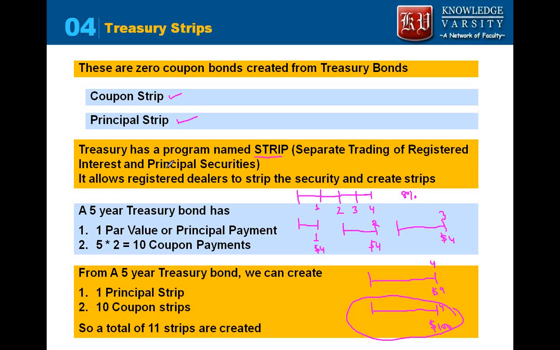So it has assigned some dealers to break that bond and start trading them separately. This is very useful for bond traders who want to invest only in zero coupon bonds. So if you have a 5-year treasury bond, it will be broken down into 1 principal strip and 10 coupon strips. So you will have a total of 11 strips created.